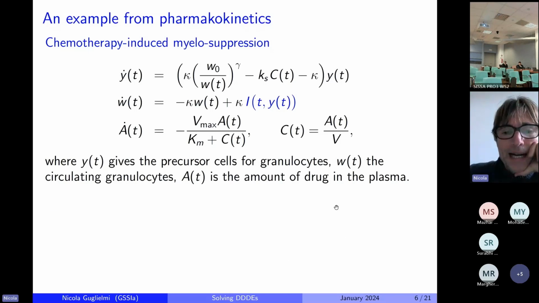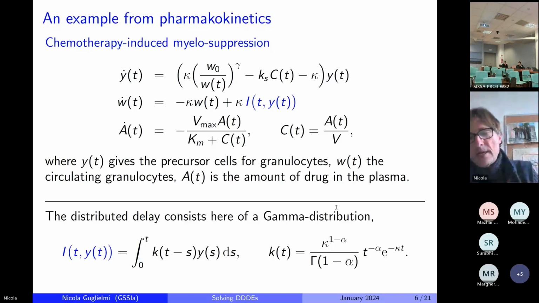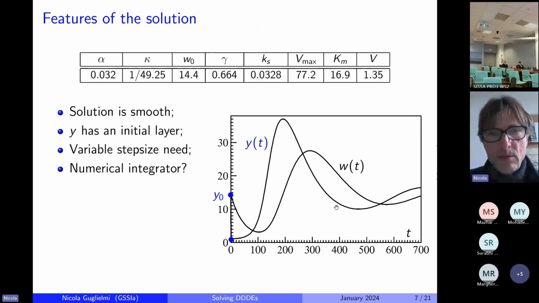So here I is modeled, and this modeling came essentially from regression models from data available from patients. It is modeled by a gamma distribution, and in particular, the parameters kappa and alpha have been estimated based on statistical models.